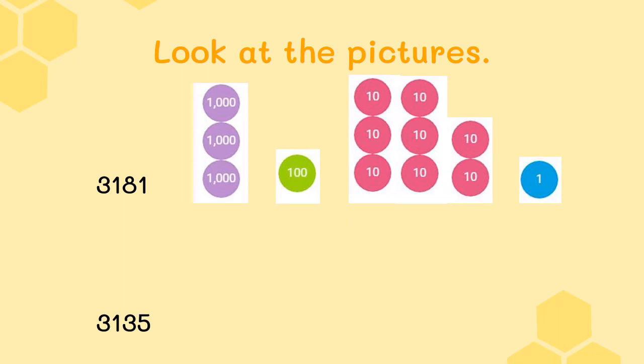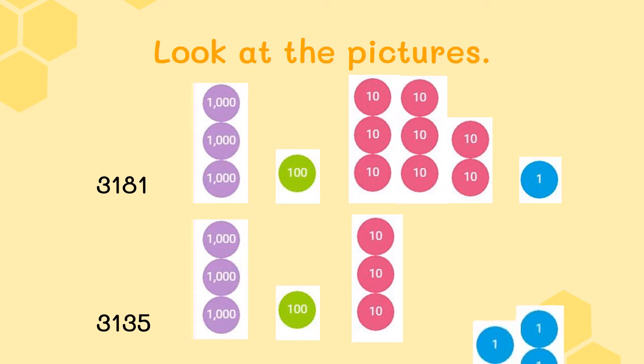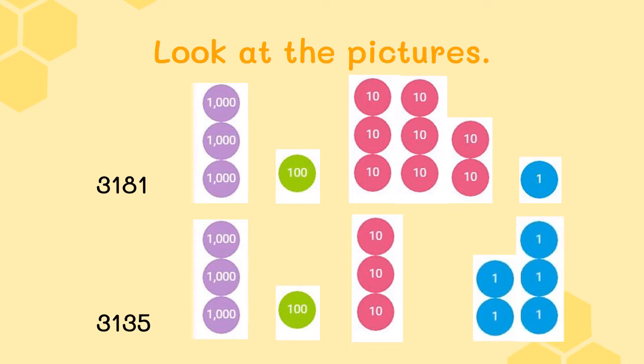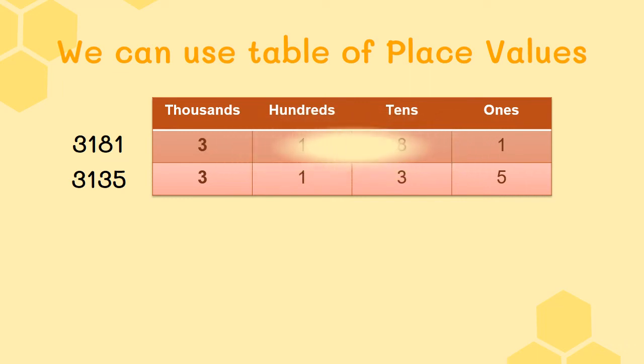So that means we have 3,100, 3 tens, and 5 ones. Okay, from the pictures, actually, you can identify which number is greater. To make it easier, we can use table place values. Look at the table.